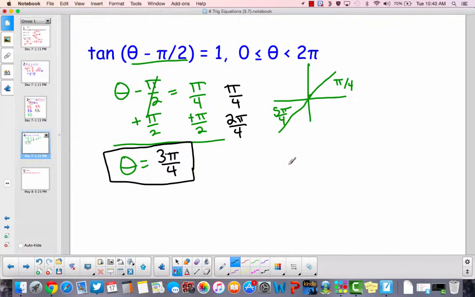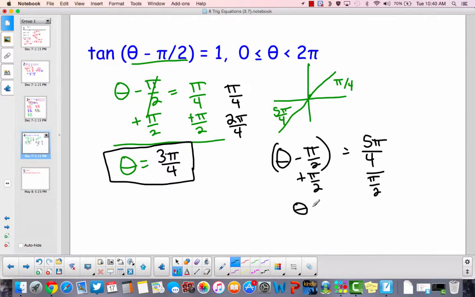Don't forget we've got to check this one over here too. So theta, if this whole thing is 5 pi over 4, then the tangent of that will be 1. So again, solve for theta. Add pi over 2 to both sides. So we get theta equals, again, if you need to, make these as common denominators.